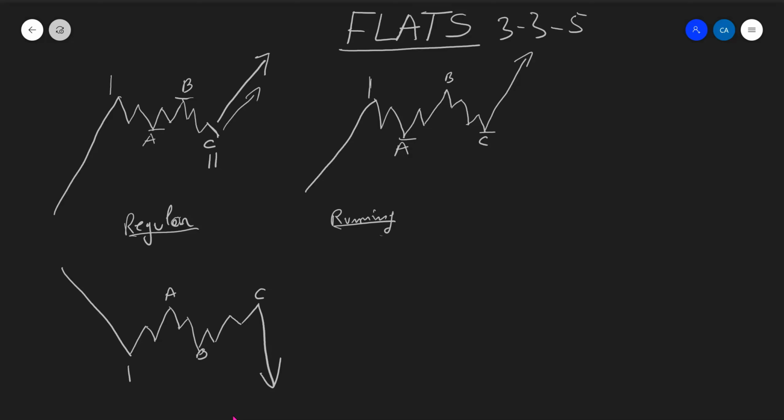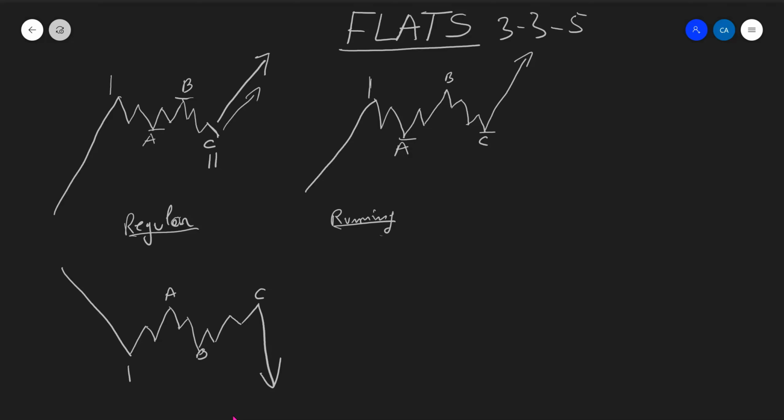Now this B wave usually travels a 127, 138 multiple of this A wave to the upside. On rare occasions, you will see this B wave go 161.8, but that's kind of an extreme B wave for a flat.